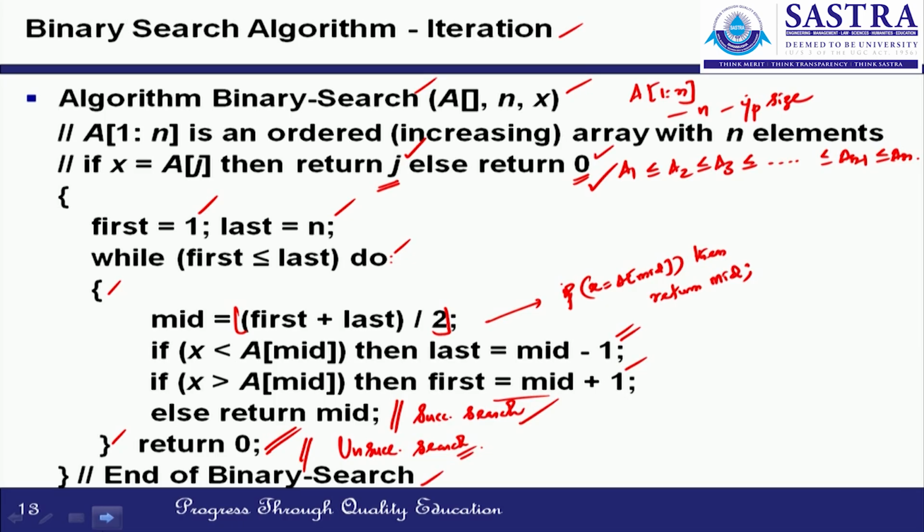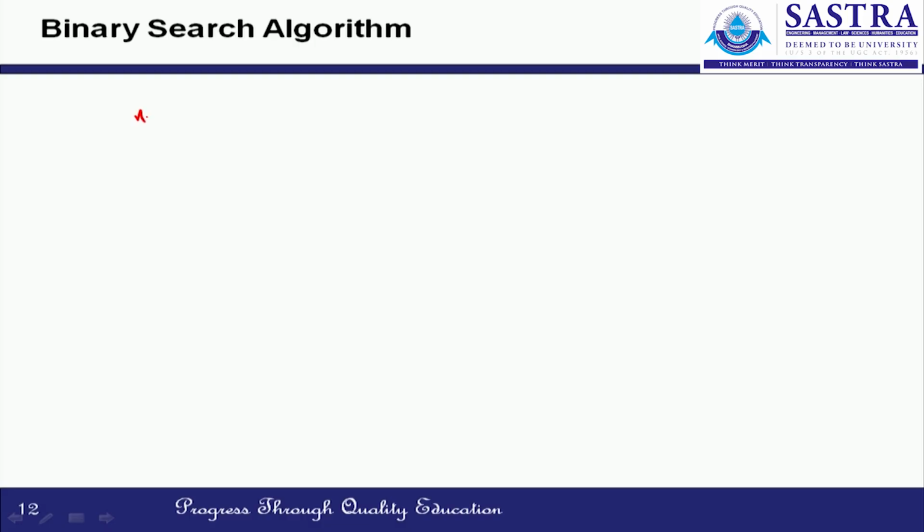Clearly there are n successful searches, because if we input any of these n elements, ultimately it results in a successful search, and there are n plus 1 failure searches. For example, here n is equal to 5, 5 elements. Assume these are the corresponding array elements 1, 2, 3, 4, 5 at indices 1 to 5. This is the array A.